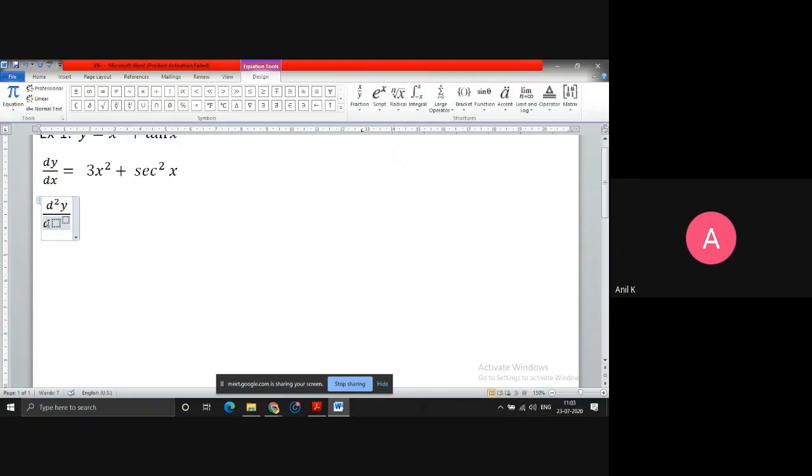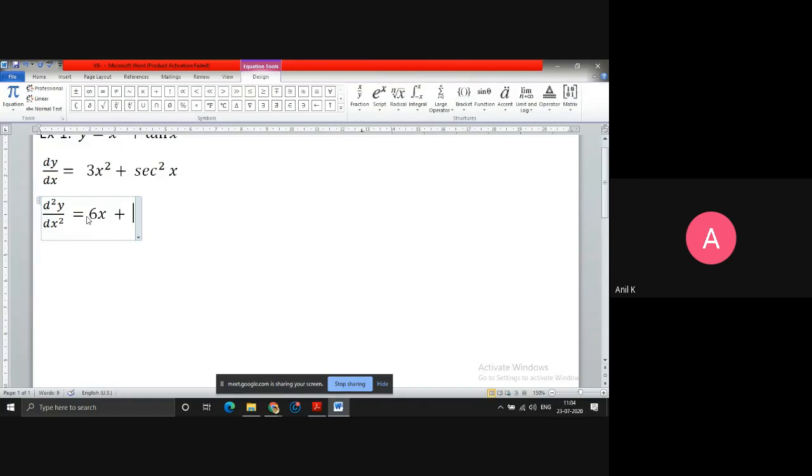So this is how we represent the second order derivative. It is also very simple. Now the derivative of 3x square: 3 is a constant, so 3 will remain as it is. The derivative of x square is 2x. So it is going to be 6x plus the derivative of sec square x.